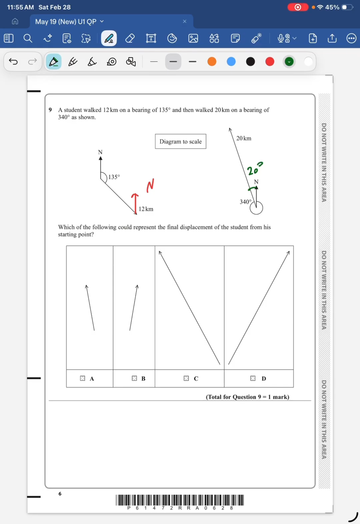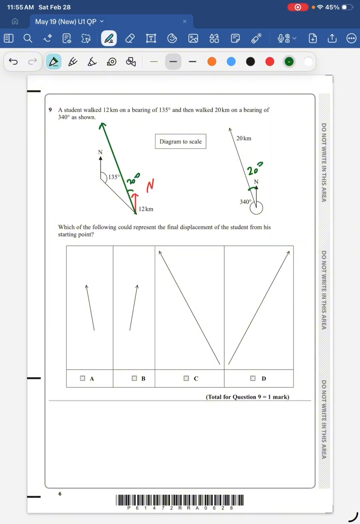So 20 degrees would be a very small angle that will look like this. Okay, this is what I'm trying to draw. There. So this will be 20 degrees because it starts moving in that direction.